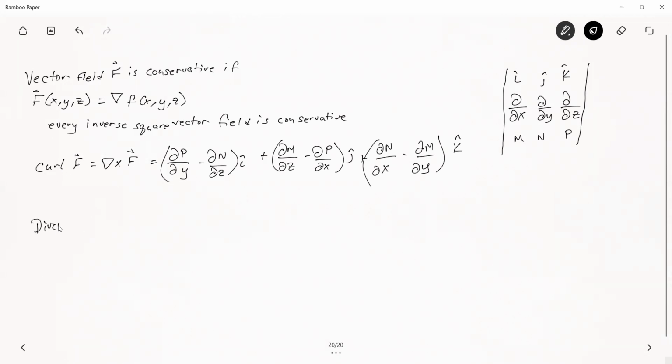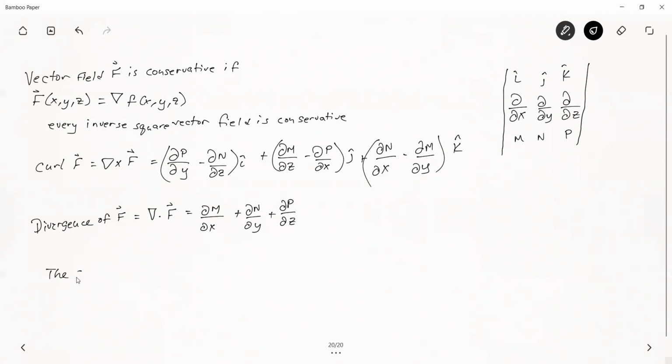The divergence of F is equal to the gradient dot our vector field, okay, which is equal to the partial of M with respect to X plus the partial of N with respect to Y plus the partial of P with respect to Z. Okay, so that's the divergence.